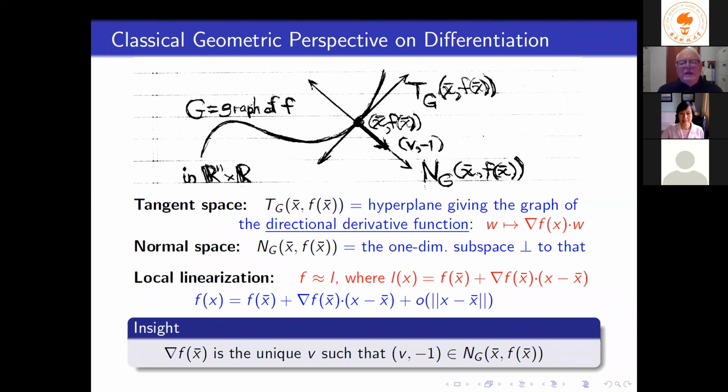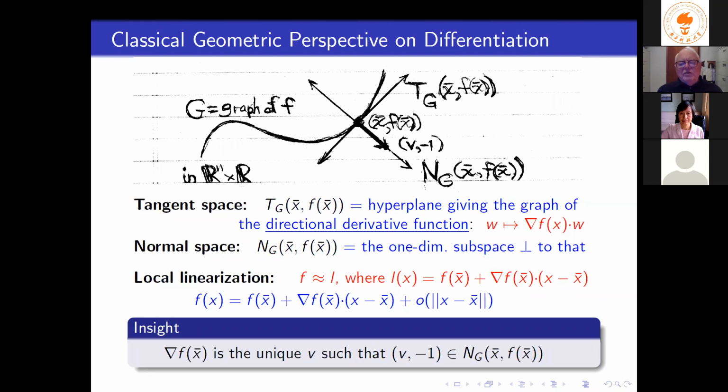But how does that relate to differentiability in this higher sense? We have some idea in one dimension, but many people don't think about what it means in higher dimensions. In higher dimensions, it's quite clear that the tangent space corresponds to the directional derivatives of the function, and it's a linear function.